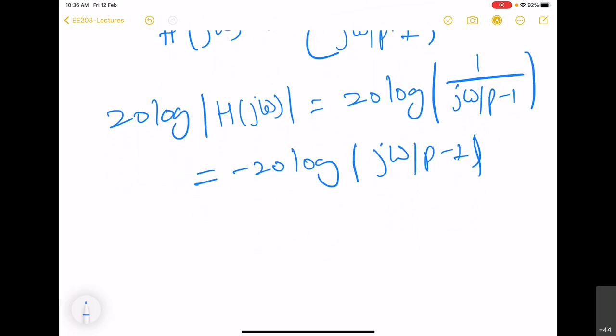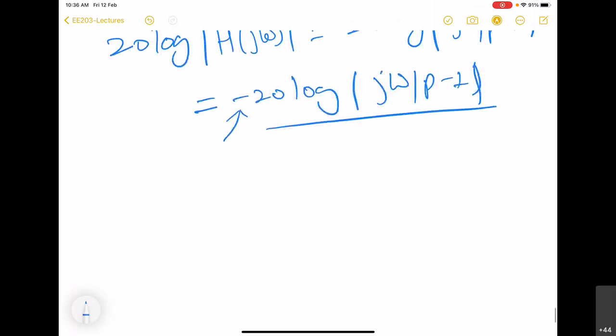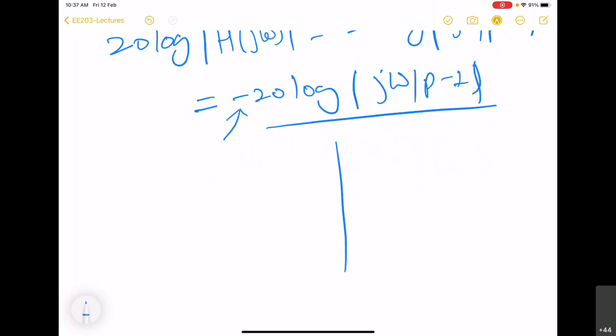So here you can see that we have exactly the same scenario as we had for the zero case, zero at omega equal to z. But now the only difference is that we have this minus sign.